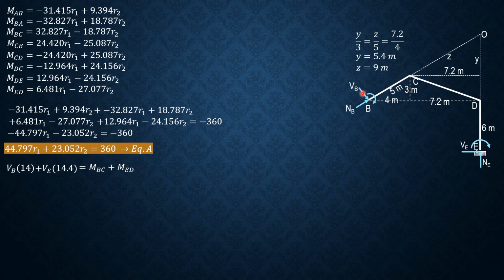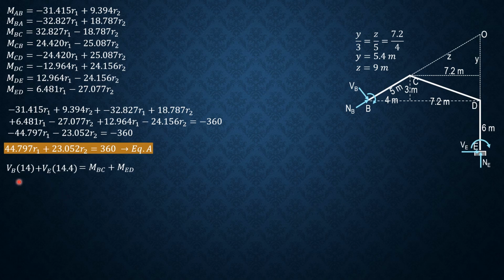Therefore, shear at B is 1/5 of moment BC plus moment CB. While V sub E times, if we separate the free body diagram of DE, there is moment DE here. So V sub E times 6 equals moment ED plus moment DE. Therefore, shear at D is 1/6 of moment ED plus moment DE.